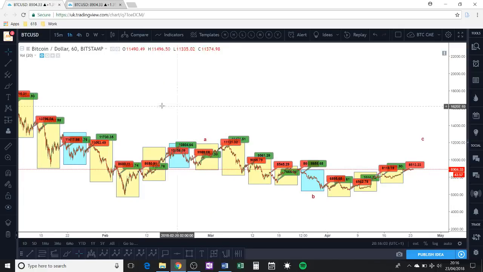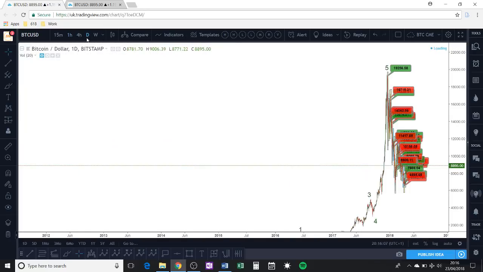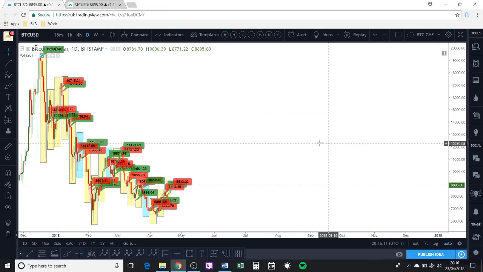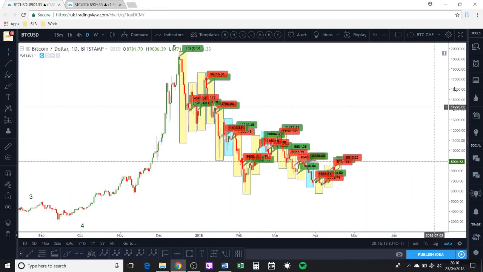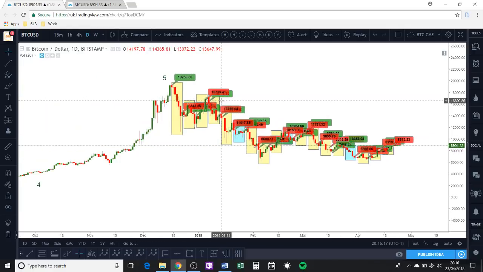Before we get on to that, I just want to show you quickly a little bit of a study, which I'll explain in a moment. So let's go on the daily chart and zoom in a little bit. What I've basically done, these rectangles, each one is 7 days long, and essentially what it's showing is the CME, sorry, the futures open and close.